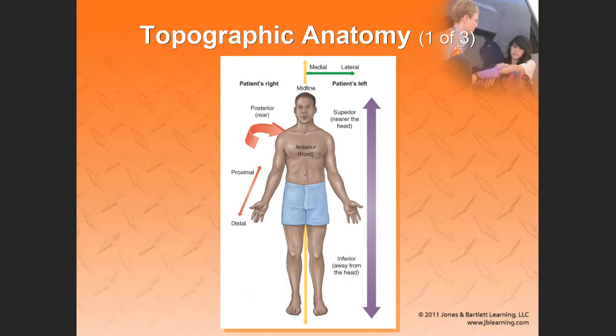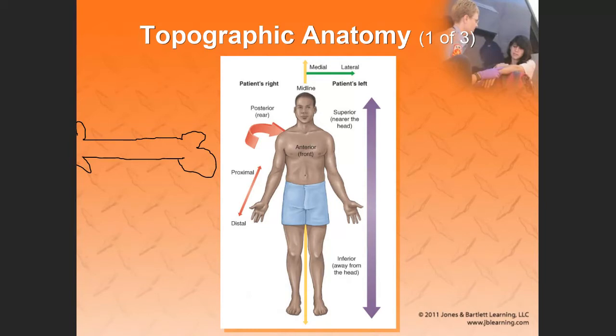Then we have what is referred to as proximal and distal. So let me draw a bone here. All right, so this is my bone. Now the terms proximal and distal apply to long bones in the body. So proximal and distal is specific to long bones.